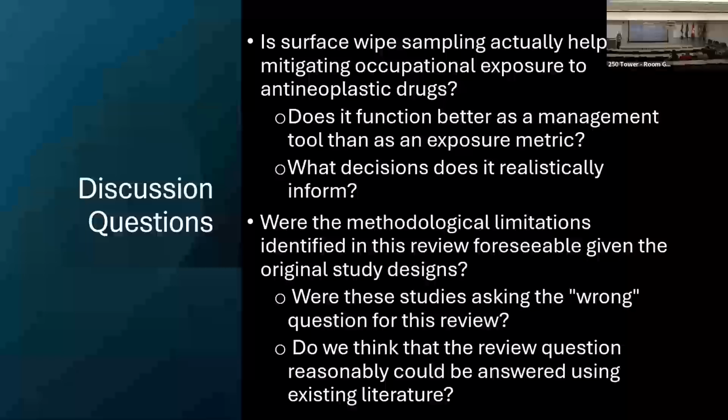I think it was able to prove that, hey, if we want to model a relationship between surface contamination and what people are actually exposed to, and raise the question of how do we interpret our wipe sampling, is it an effective intervention in actually protecting our employees? I think that was a good question to raise. And also it was good to review literature and prove that there isn't really an answer out there. Does that answer your question? Yeah.